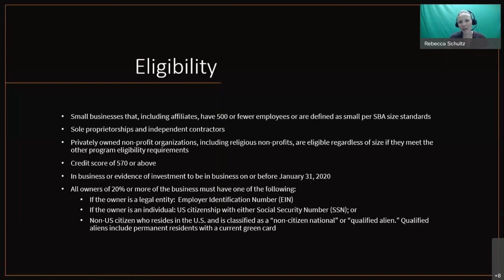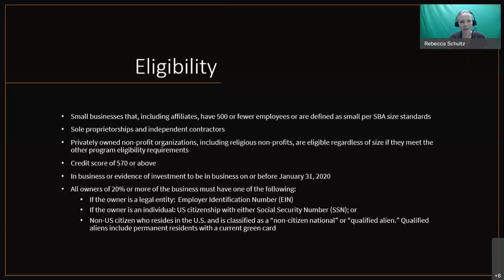You had to be in business or show evidence that you had invested in your business to a point where you had losses on or before January 31st of 2020. So if you started your business on February 1st of 2020, you are not eligible for the EIDL loan. You might have been eligible for the PPP loan because the start date for that particular program was February 15th of 2020, but you may not be eligible for the EIDL loan program.